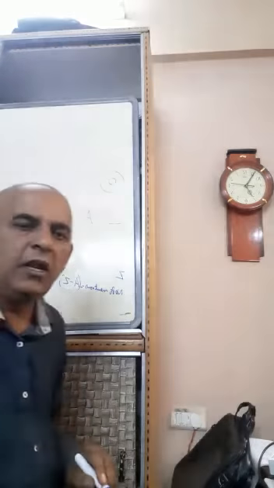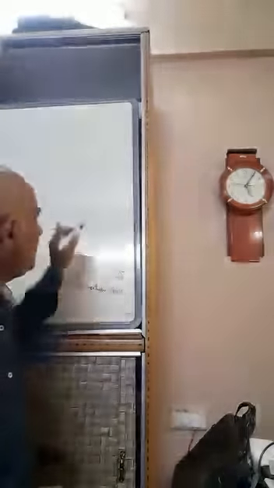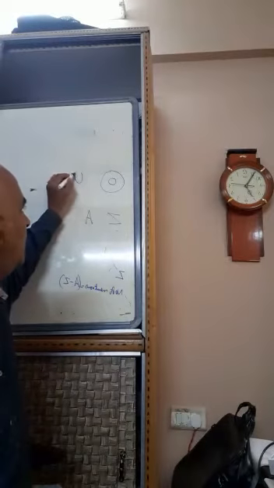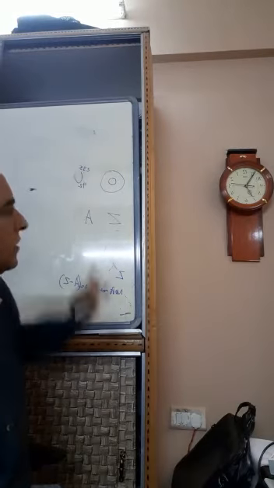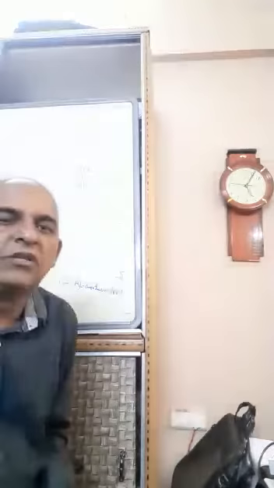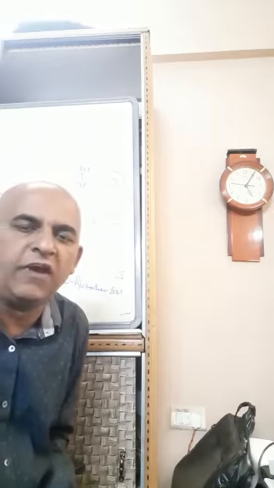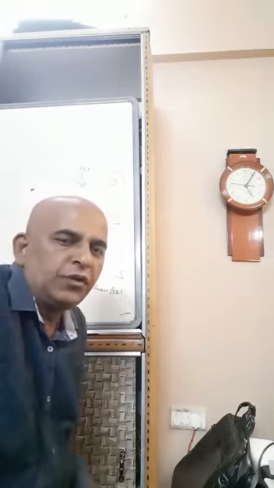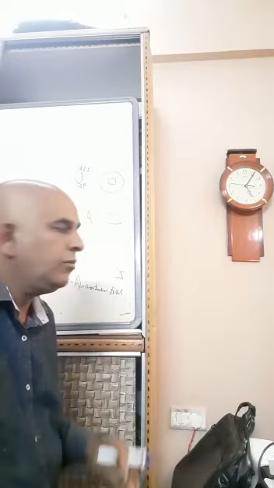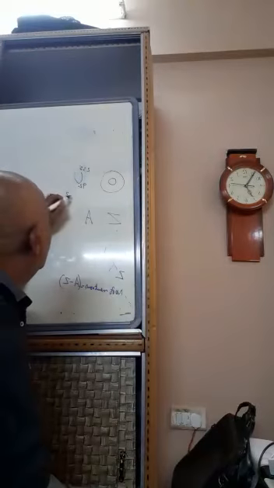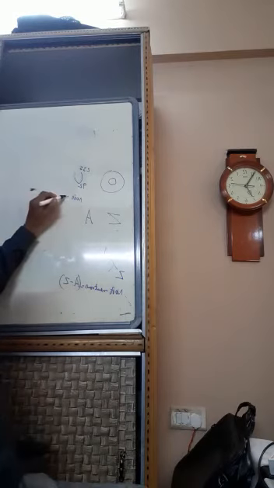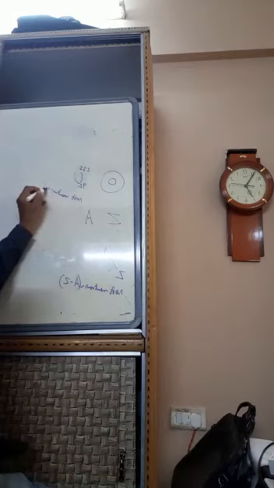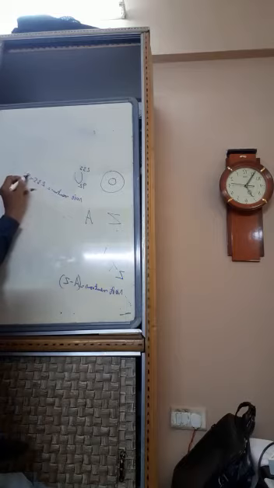For example, if you take uranium 92, 235, calculate the number of neutrons in uranium 92, 235. The number of neutrons is equal to 235 minus 92.